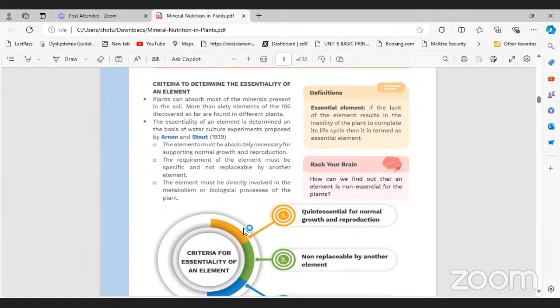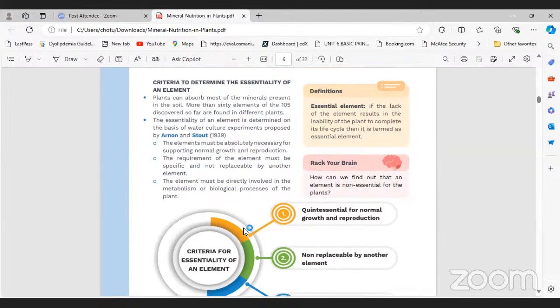The requirement of the element must be specific and not replaceable by other elements. The element must be directly involved in the metabolism or biological process of the plant body.